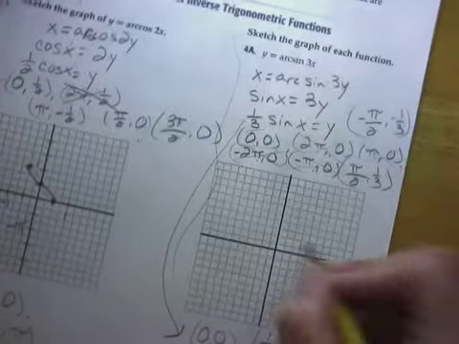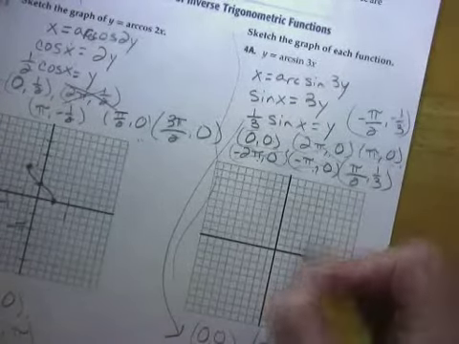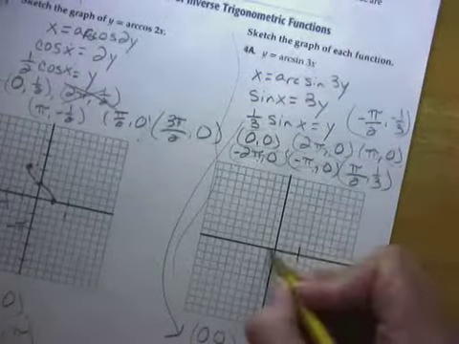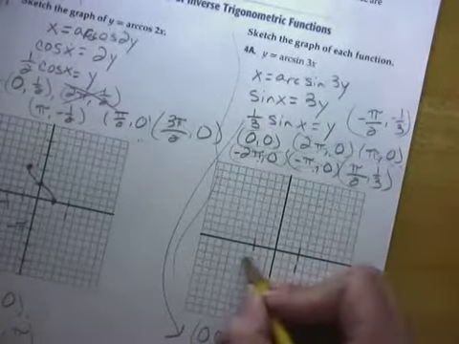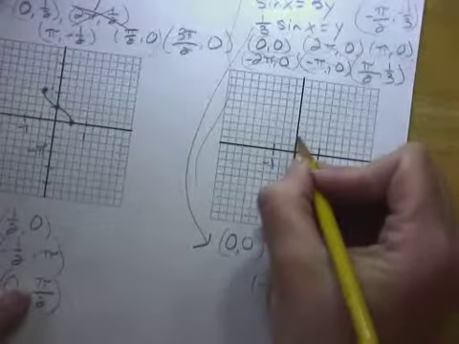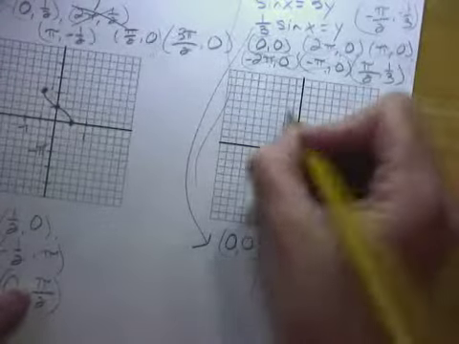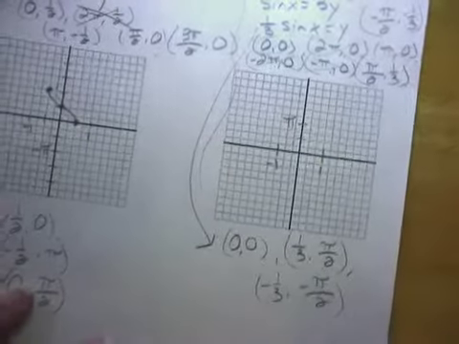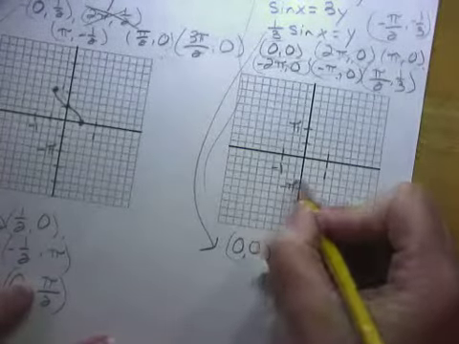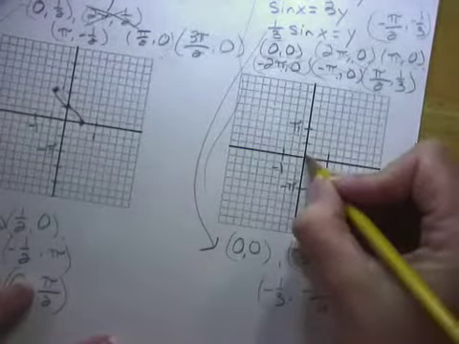And let's see how I'm going to break up my axes. I'm going to break up my x-axis into this being 1 and 1, 2, 3, this being negative 1, so every 3 spaces. My y-axis, I'm going to break it up the same way I did before, with every 4 boxes representing 1 pi.